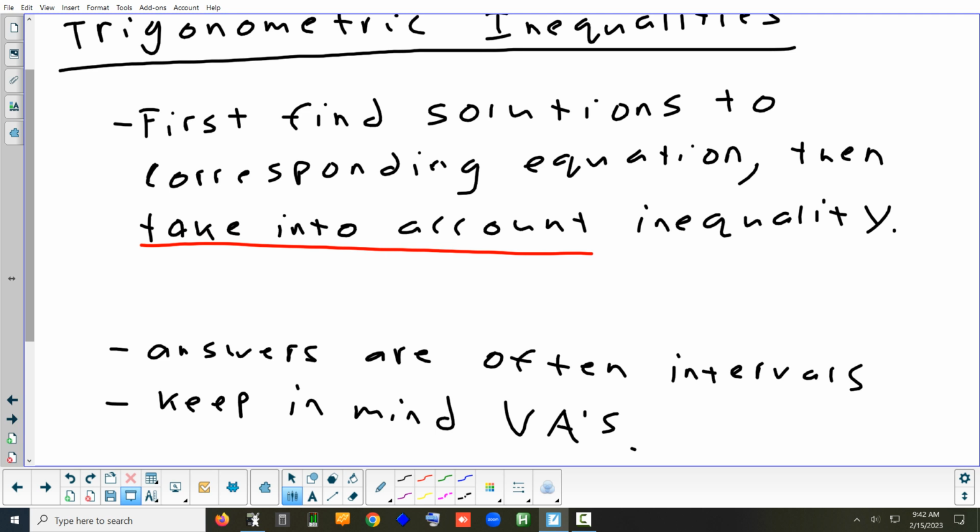Answers are intervals. I already said that. And keep in mind vertical asymptotes. Because if you have a vertical asymptote in your problem, that will break your interval. You can't have an interval pass through a vertical asymptote because that would be undefined. So if you see a vertical asymptote, that's going to break your interval, and then you can start it again after it.